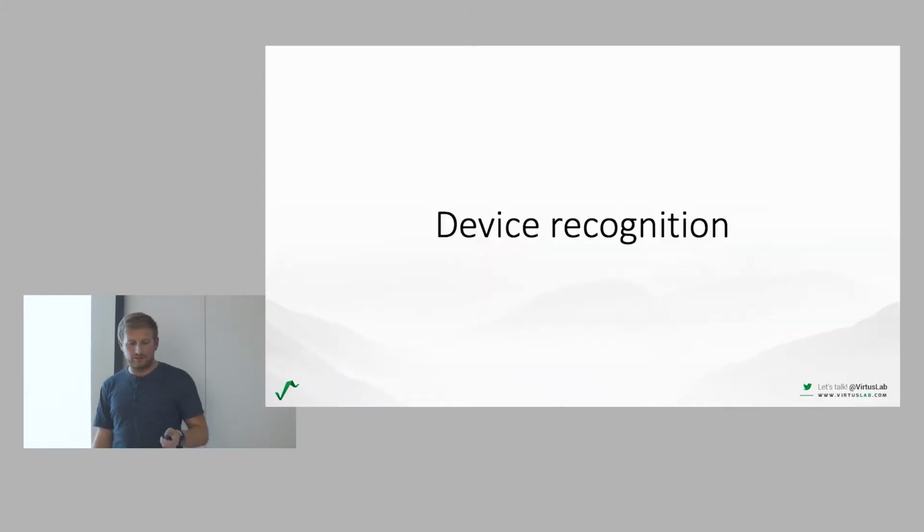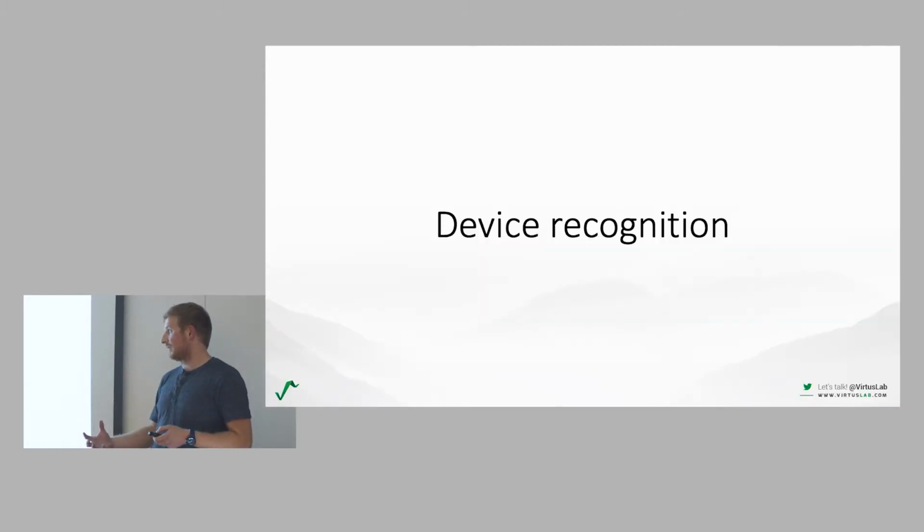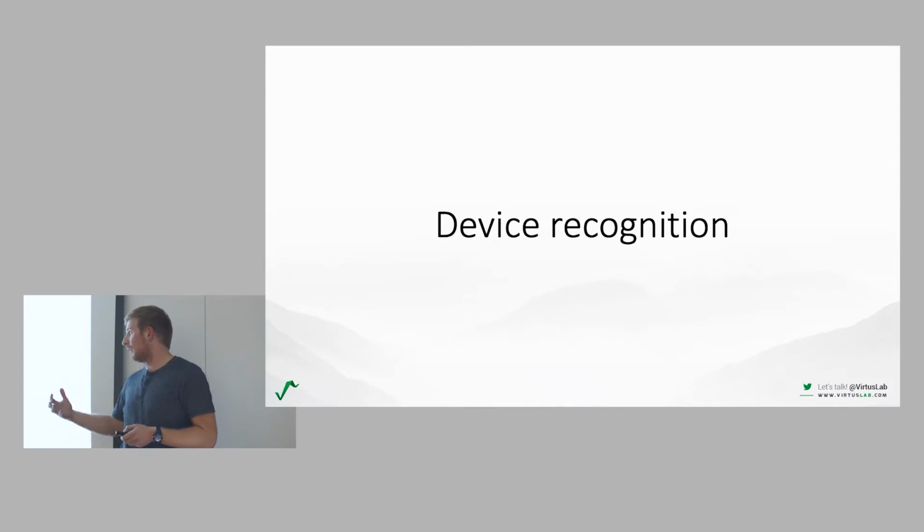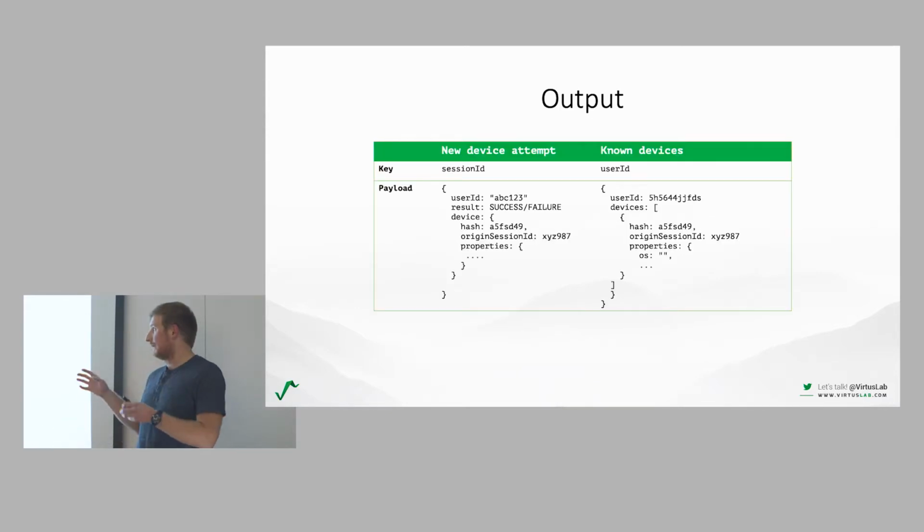Now let's deep dive into a specific implementation of one of these stream processors. I have chosen device recognition, and these are our outputs. These are the outputs that we will have at the end of our pipeline.